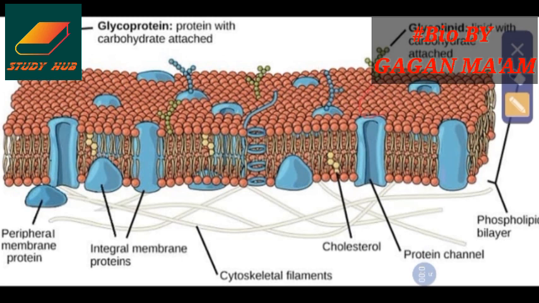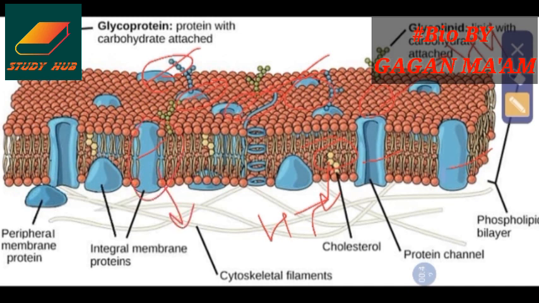See this red portion, it is termed the hydrophilic head. This central portion is the hydrophobic tail. These blue structures are actually proteins. There are two types of proteins, as I have already told you. The proteins present on the surface are termed peripheral proteins or surface proteins, and the proteins present inside, like this one fully buried, and these partially buried.